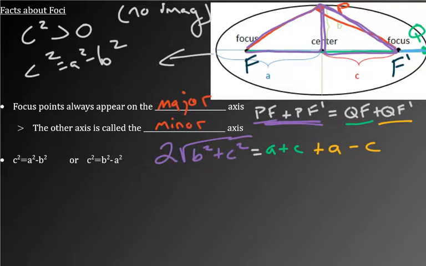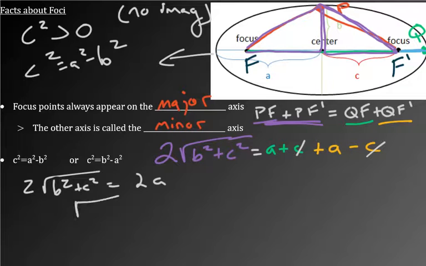Now I have some relationship between a's, b's, and c's, and I can simplify everything. I'm going to simplify the right side first. a plus c plus a minus c is going to leave me with just 2a. These cancel, the 2's also cancel.